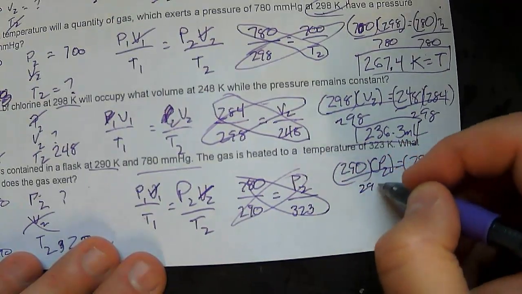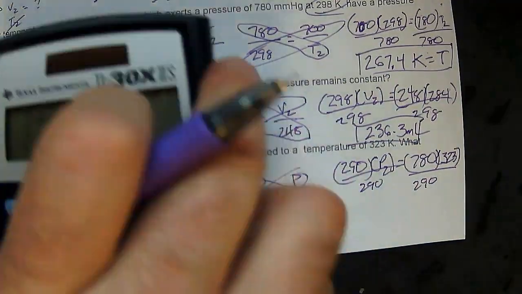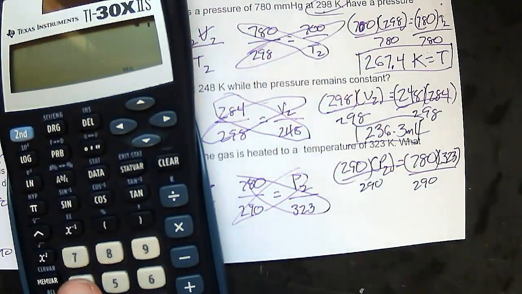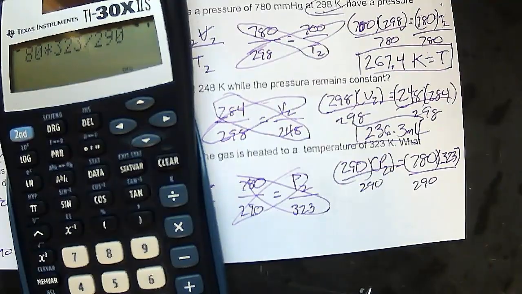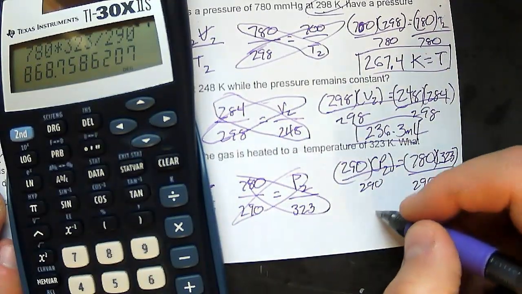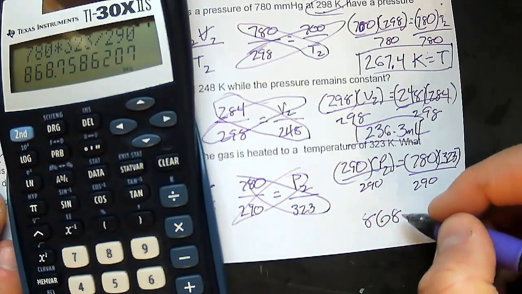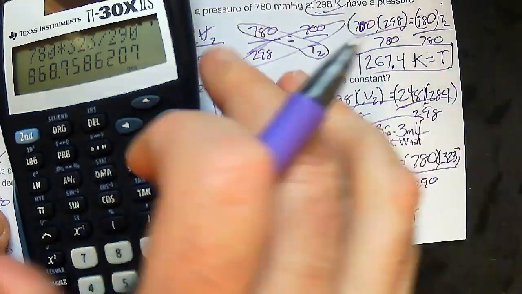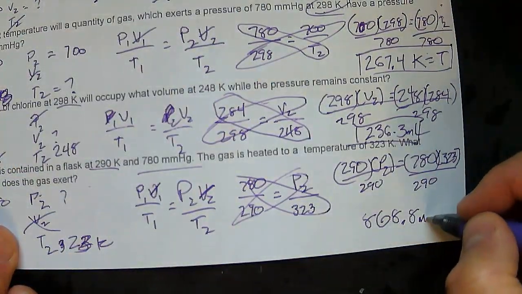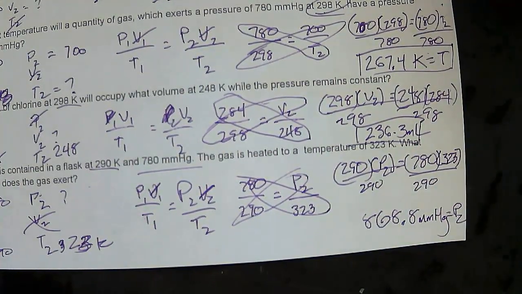Divide both sides by 290. Now we plug it in, and we get 780 times 323 divided by 290. And we get 868.8, and that's equal to our pressure. That's millimeters of mercury.